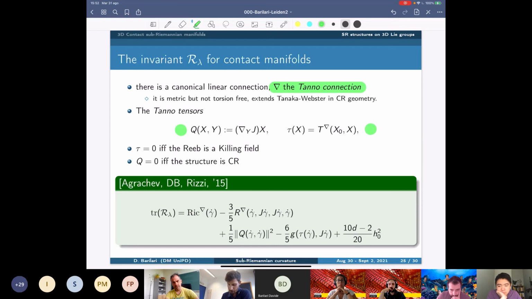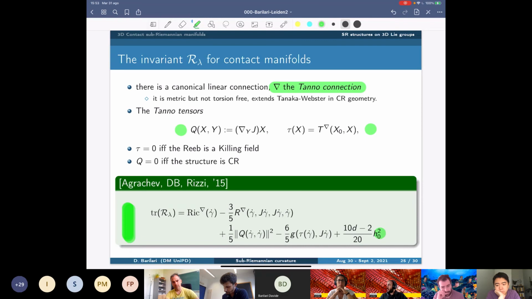And this tau will vanish when the Reeb field is a Killing field, and the Q is 0 if the structure is CR. And here you have a formula for this quantity, showing all these terms.